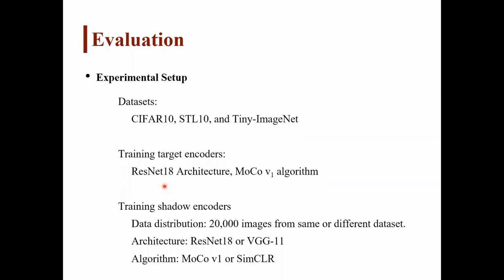So it means even if they don't know the target encoder's architecture, they can design an encoder with a dissimilar dimension of the feature.